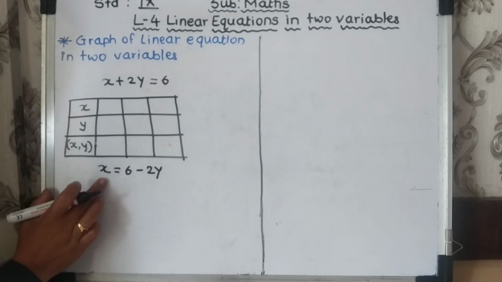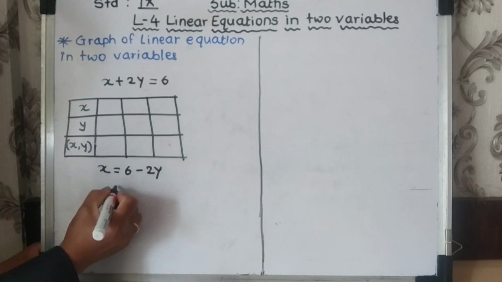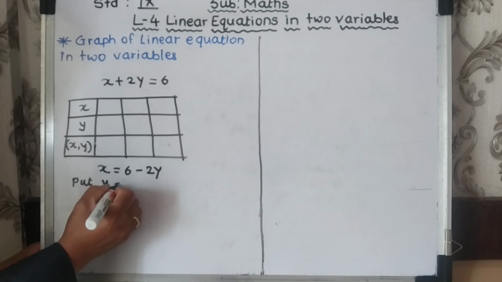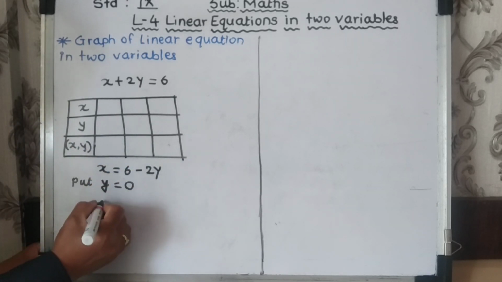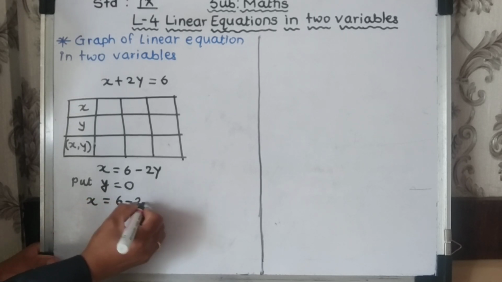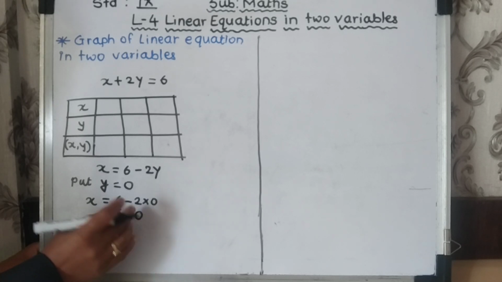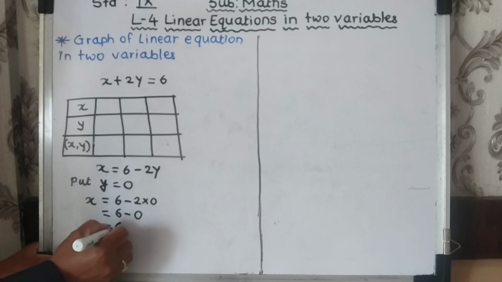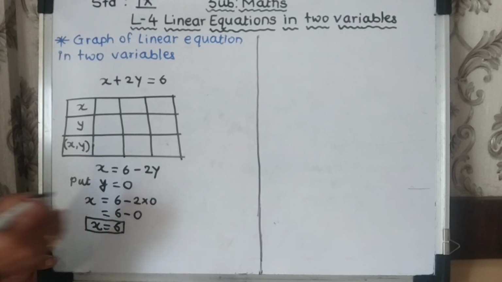Now you just take the y values one by one. So let us put y equals 0. So x equals 6 minus 2 into 0. We will get x equals 6 minus 0, so x equals 6 we got.